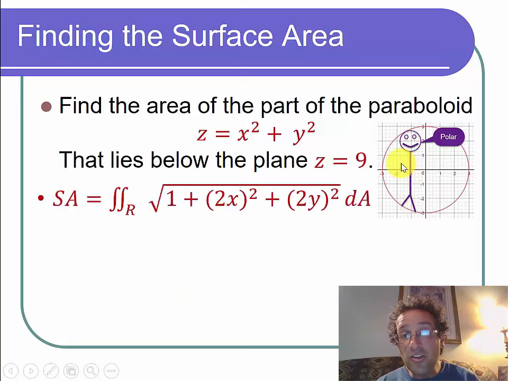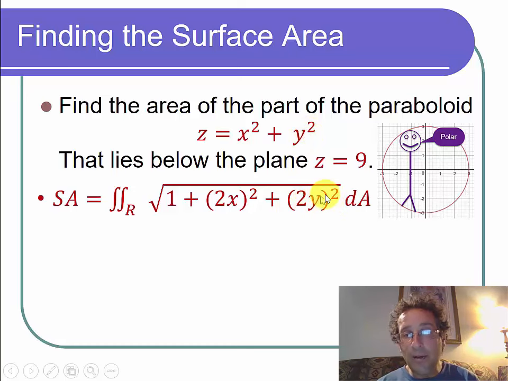Because I want to use polar coordinates, I'm going to wait on the limits of integration and what I call my dA till later. But I do need to plug in the partial derivatives. We can say that the surface area is the double integral over the region of the square root of 1 plus the partial derivative with respect to x, which is 2x, so we have 2x squared. The partial derivative with respect to y is 2y.